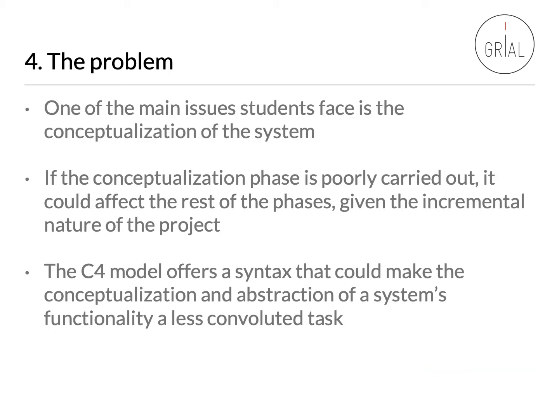One of the main issues students face is the conceptualization of the system. If the conceptualization phase is poorly carried out, it could affect the rest of the phases given the incremental nature of the project. The C4 model offers a syntax that could make the conceptualization and abstraction of a system functionality a less convoluted task.